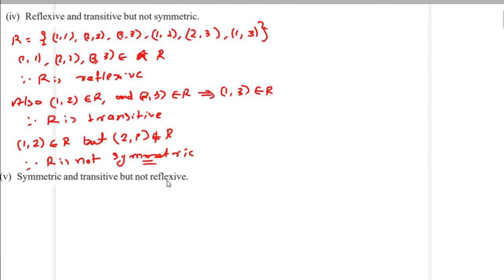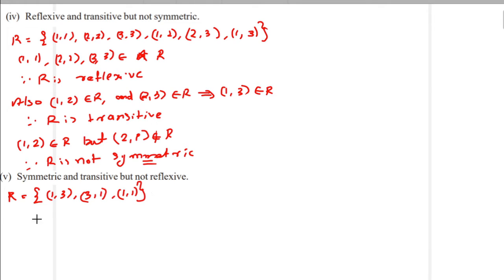transitive but not reflexive. Okay, so from A you can write one relation R that is symmetric. So (1, 3), this becomes (3, 1). Okay, and then you can write (1, 1) also. Here check (1, 1).